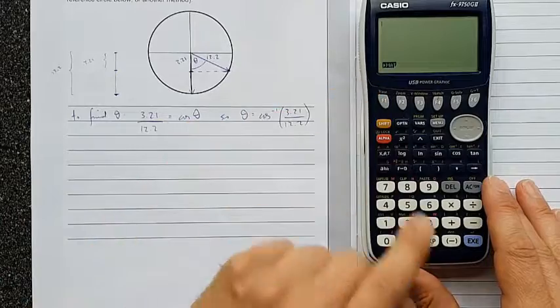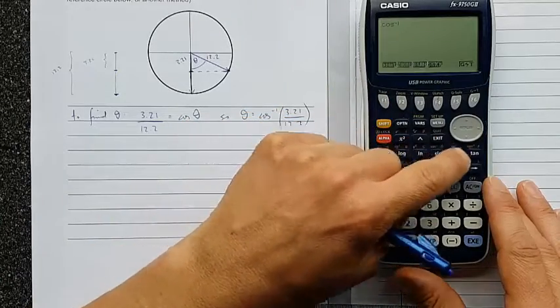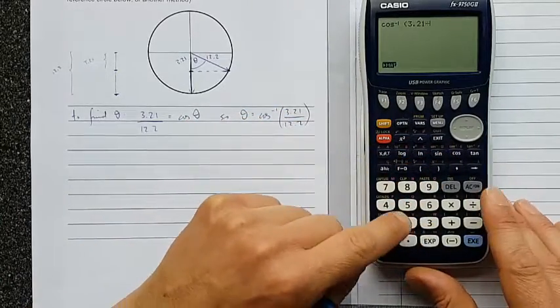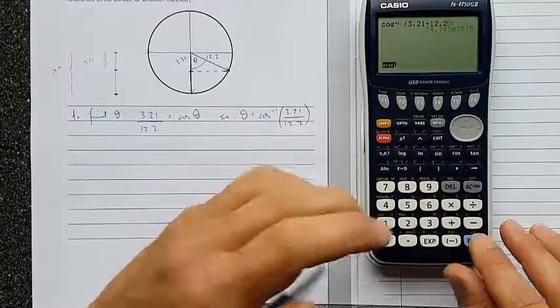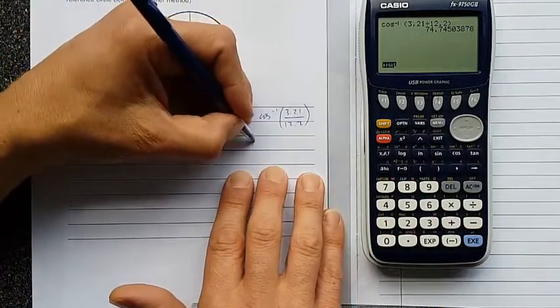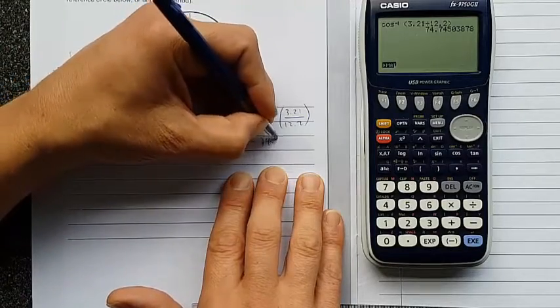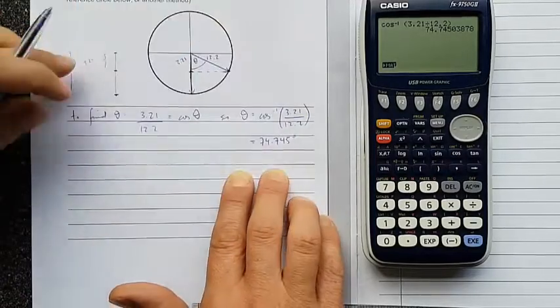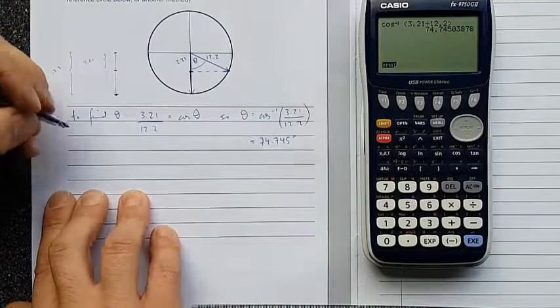So we can say shift cos 3.21 divided by 12.2, which gives us 74.745 degrees. Then we need to get T as well.